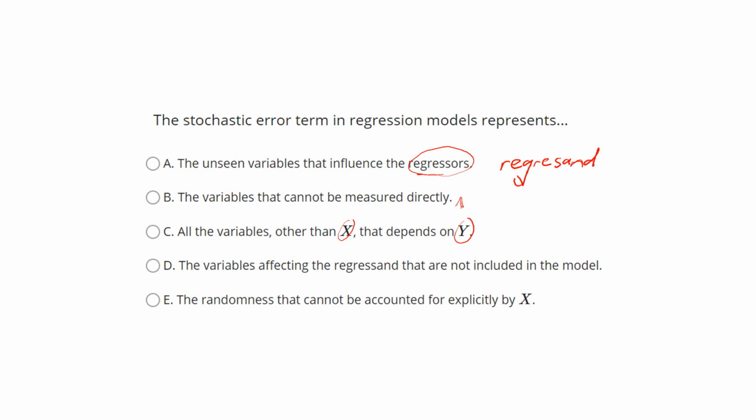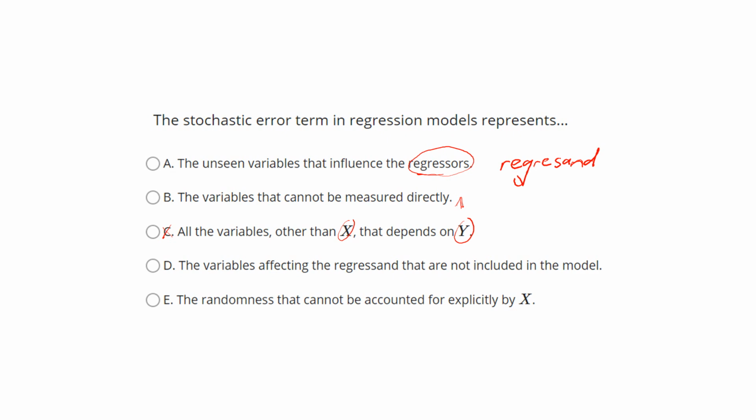So that's somewhat nonsensical, given how we conventionally define regression models. Okay, D, the variables affecting the regression that are not included in the model. That seems to comport with our definition of the error term. The variables affecting the dependent variable that are not explicitly included in the model.